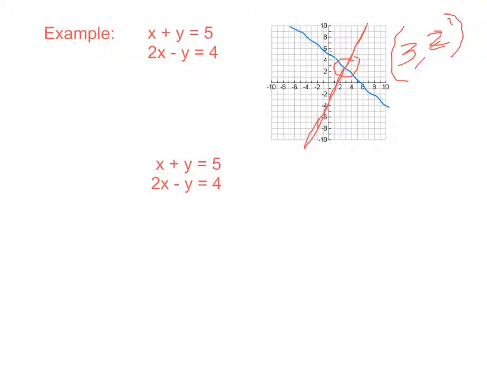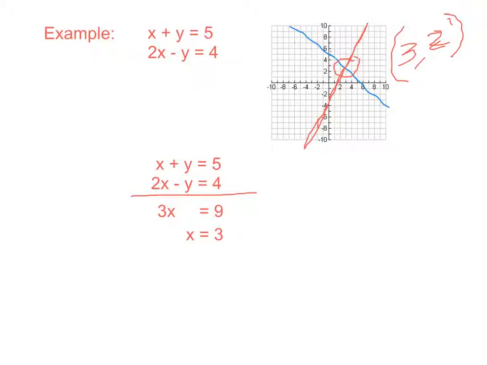The y cancels out, and we're left with only x. So when we add these two together, x plus 2x is 3x, plus y minus y is 0, and 5 plus 4 equals 9. So I've got 3x equals 9, or x simply equals 3.